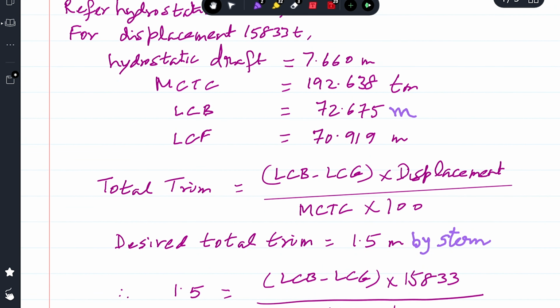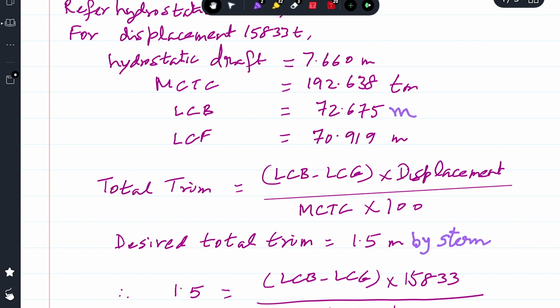I know the formula for total trim is LCB minus LCG into displacement upon MCTC into 100. Since this is the formula for final trim, all parameters must be for the final condition. LCB, LCG, displacement, MCTC, all must be for the final departure condition. My desired final trim is 1.5 meters by stern.